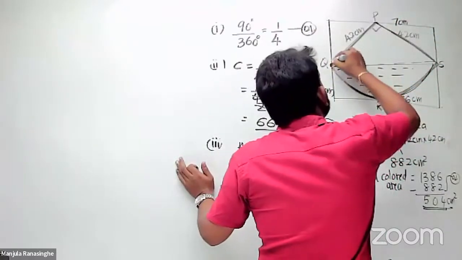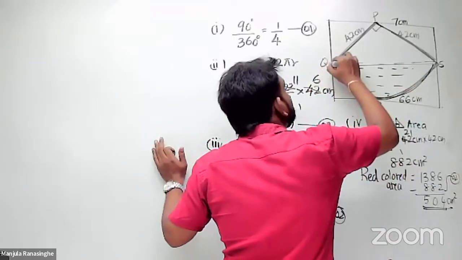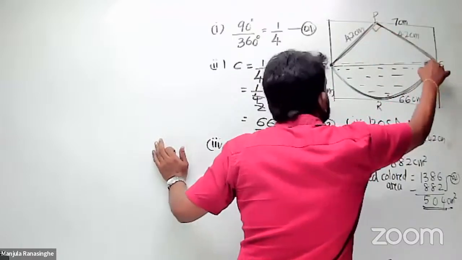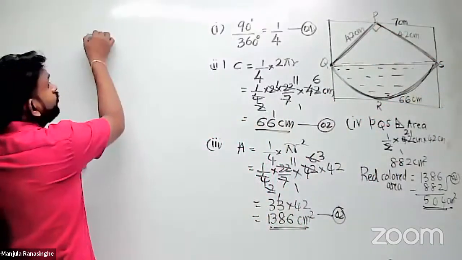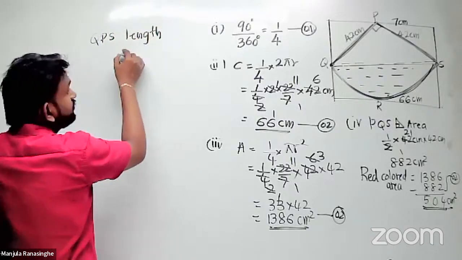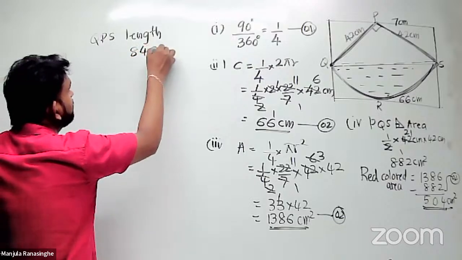You know the total length QPS is QP plus PS, which is 42 two times, that is 84 centimeter.